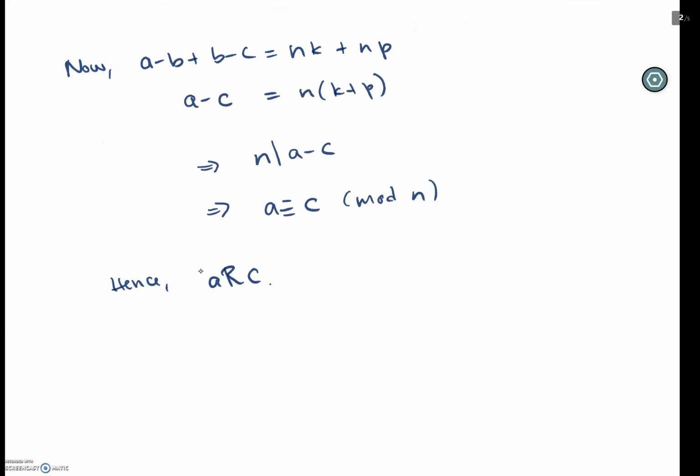Since our relation is reflexive, symmetric, and now transitive, we know that it is in fact an equivalence relation. So we've completed our proof. We do our happy dance.